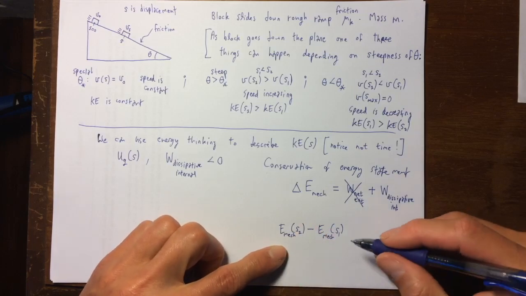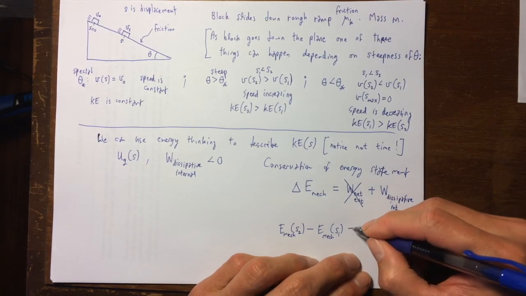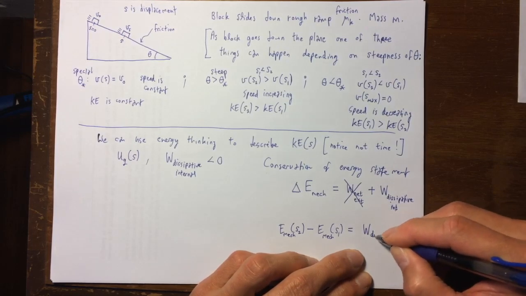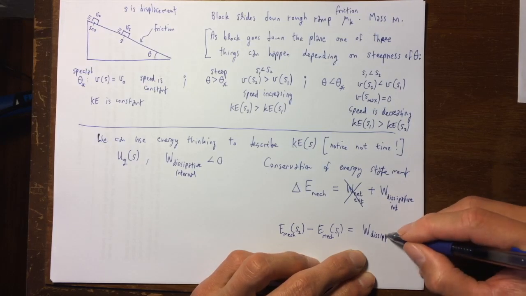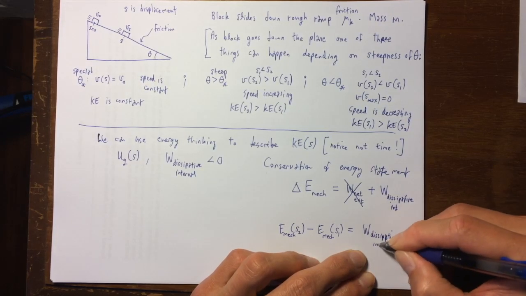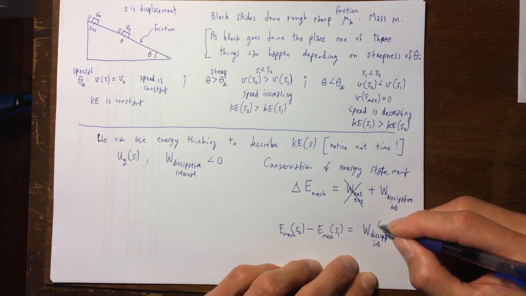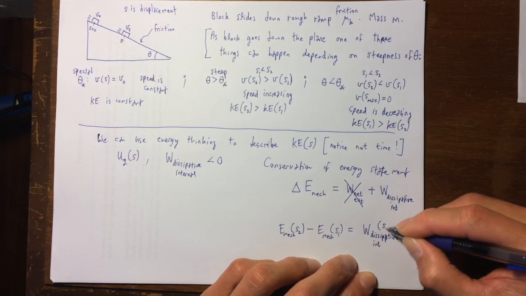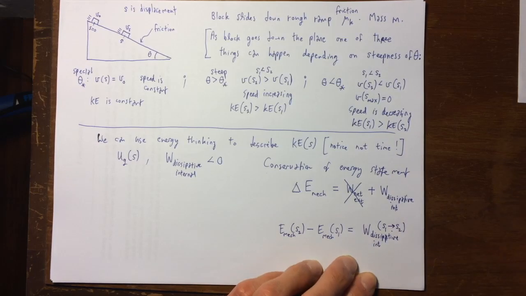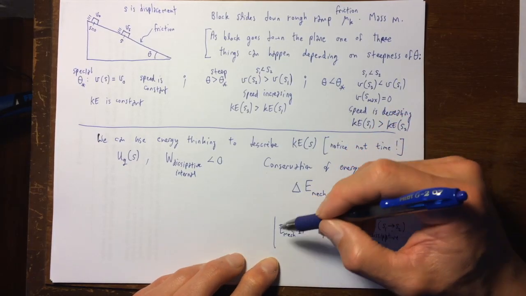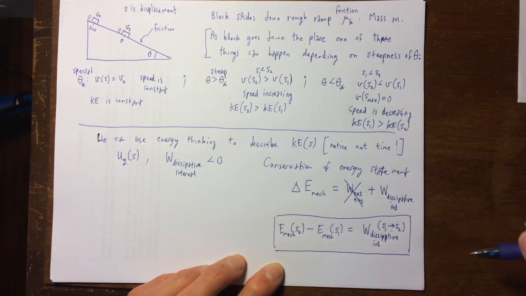That's the forward in time direction. That difference between S1 and S2 is equal to the work done by this dissipative internal force, but we have to include that it's the dissipative force acting from S1 over to S2. So this is our conservation of mechanical energy statement.